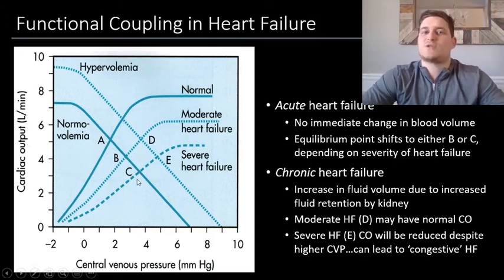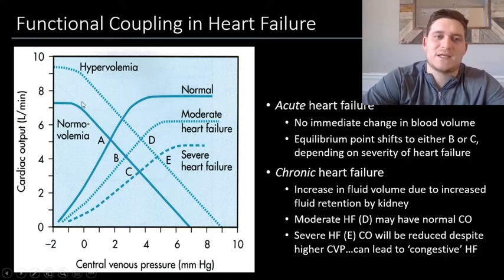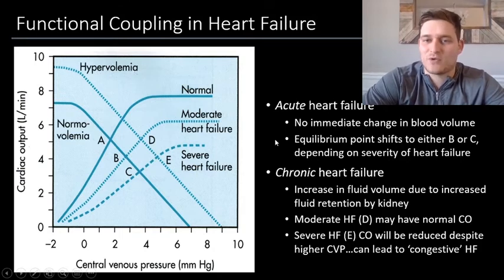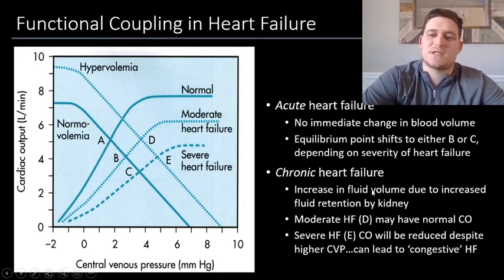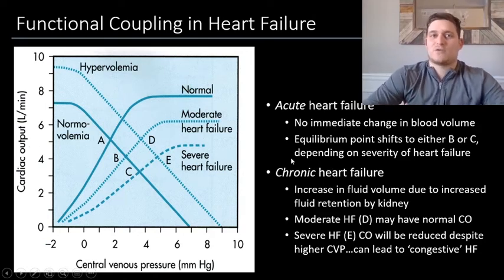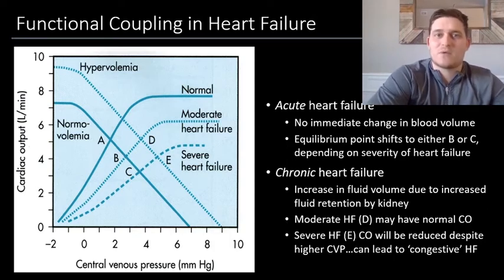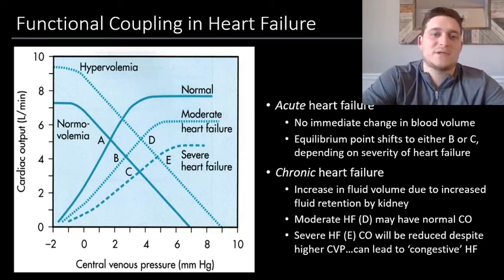So a compensation that typically occurs with chronic heart failure is that we get an increase in blood volume. And that is due to increased fluid retention by the kidney. So by decreasing urine production and increasing water retention, that helps to increase blood volume, which helps to also increase cardiac output and blood pressure.